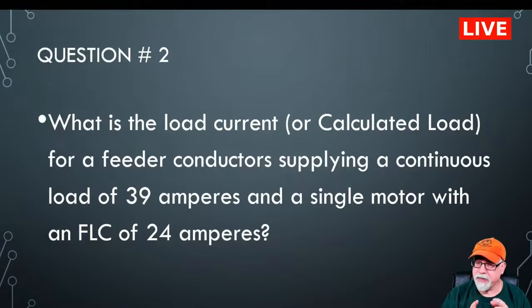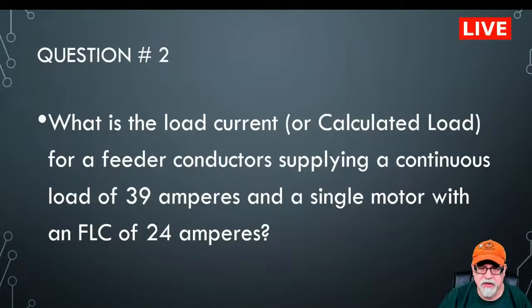Now remember, this is a feeder. This feeder has a continuous load, let's say a continuous lighting load, and it also has a motor. So there are two different loads being supplied by this feeder. That's a given.